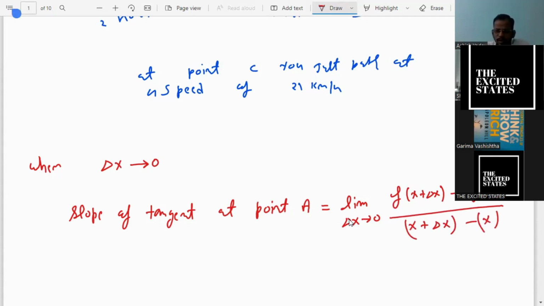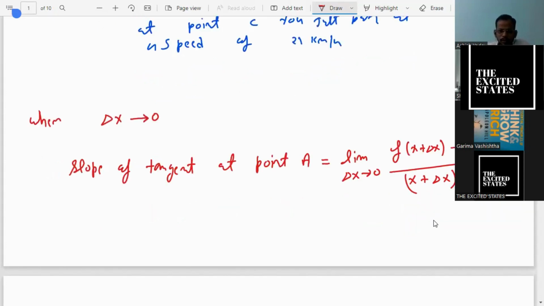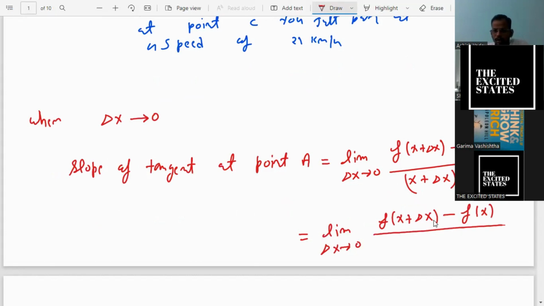So can you see anything cancelling here in the denominator? So that means limit delta x approaching towards 0, f of x plus delta x minus f of x over delta x, because x and x will be cancelled. So this is the slope of tangent at point A.